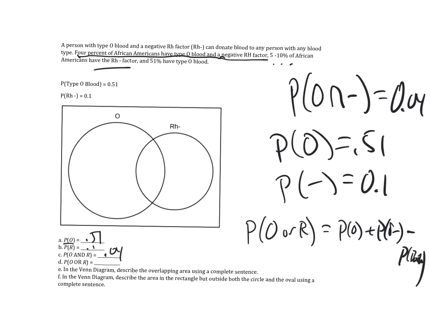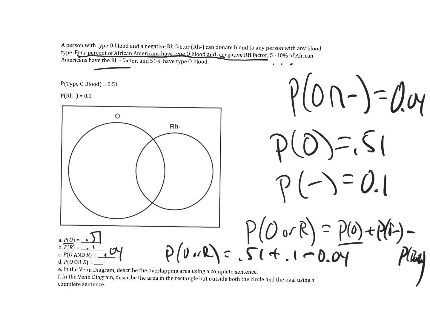That's because these are not mutually exclusive. Remember, mutually exclusive events are events that can't happen at the same time, and we have our O negative blood people, right? So mathematically, the probability of O or Rh negative equals 0.51, the probability of O, plus 0.1, the probability of Rh negative, minus the probability of both.